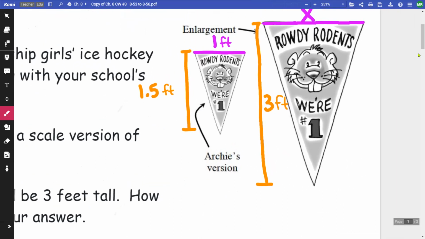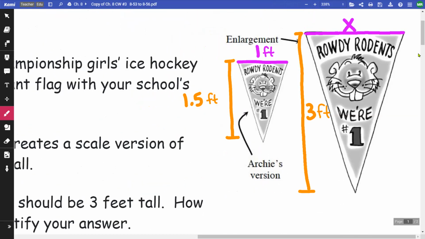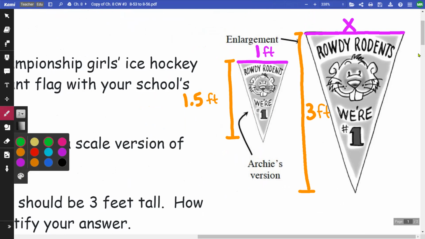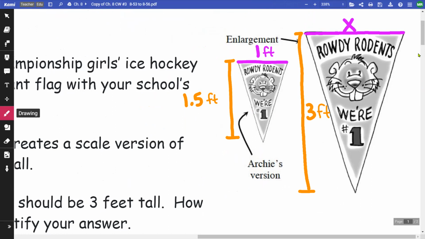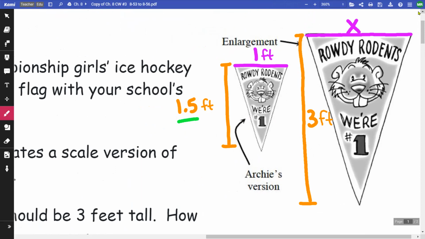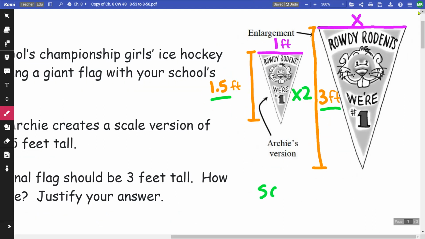Okay, so the answer that you should have gotten should have been 2, because these are similar shapes, meaning they're the same shape but different sizes. So what am I doing to this 1.5 to get the 3? Well, I am multiplying by 2. That's what I'm doing. So that means my scale factor is 2.